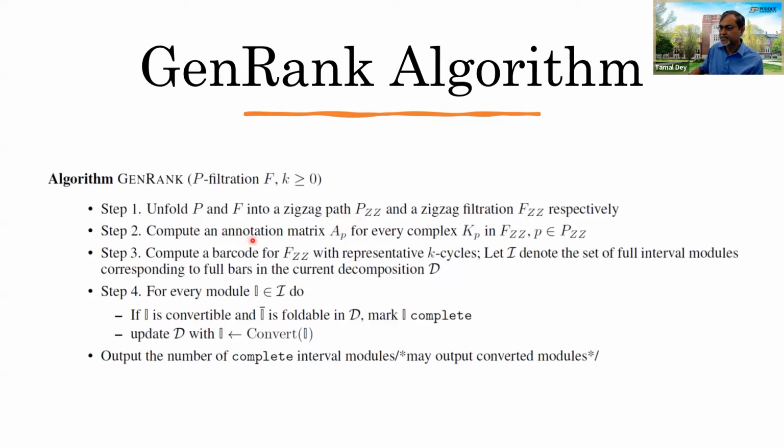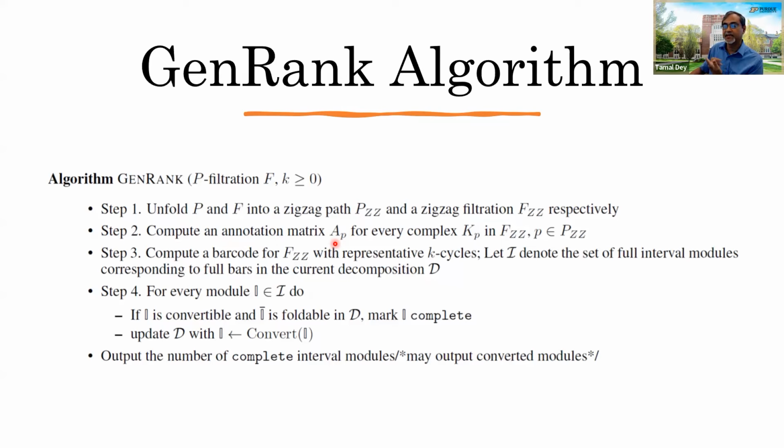And I use this annotation matrix because everything has to be done with matrix operations in terms of the vector spaces. So basically, I compute the representative of the zigzag module of the intervals as the cycles.